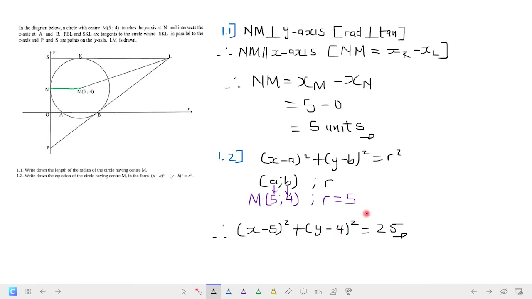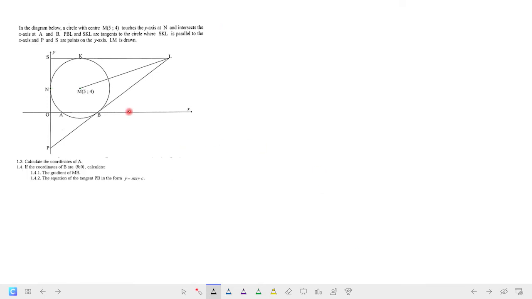Now let's go ahead and look into the next question. 1.3 says let's calculate the coordinates of A. So we do have the equation now, right? If you remember, we got the equation of the circle, which is (x minus 5) squared plus (y minus 4) squared equals 25, right?